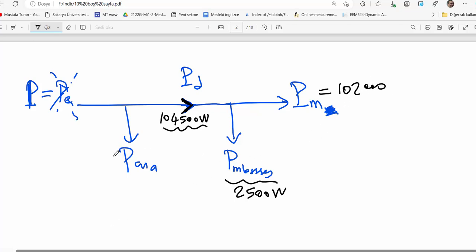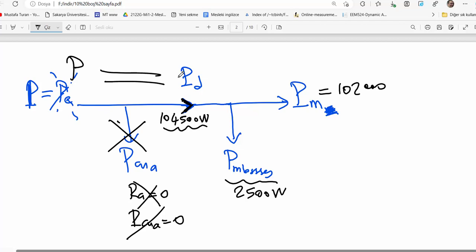Armature resistance is negligibly small, so there is no copper losses in armature. This is eliminated, so input power is equal to induced power.